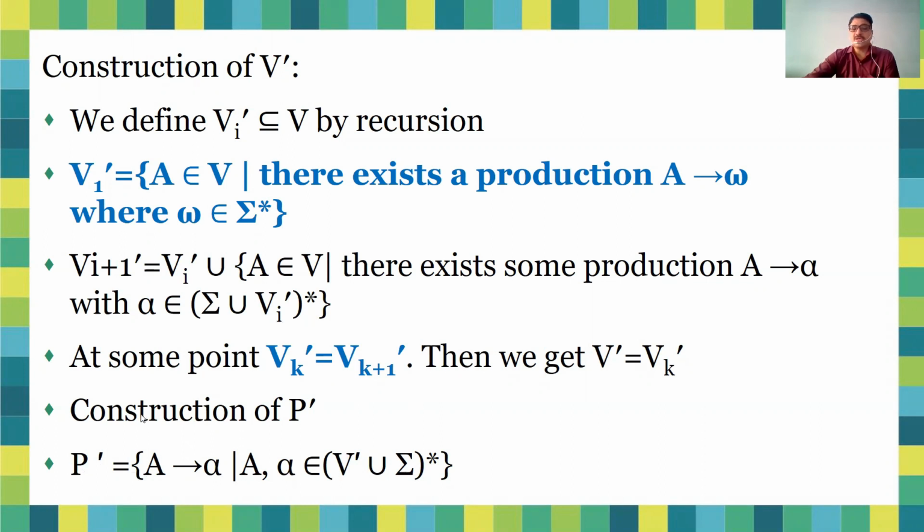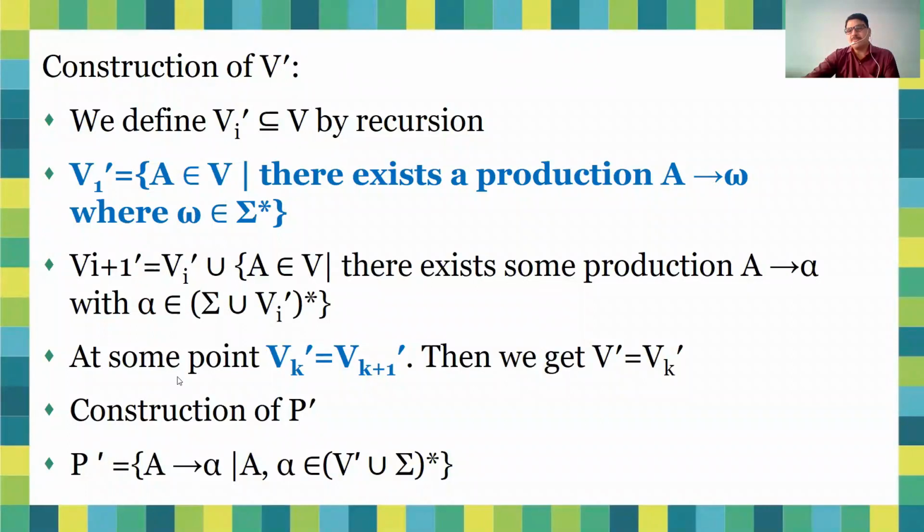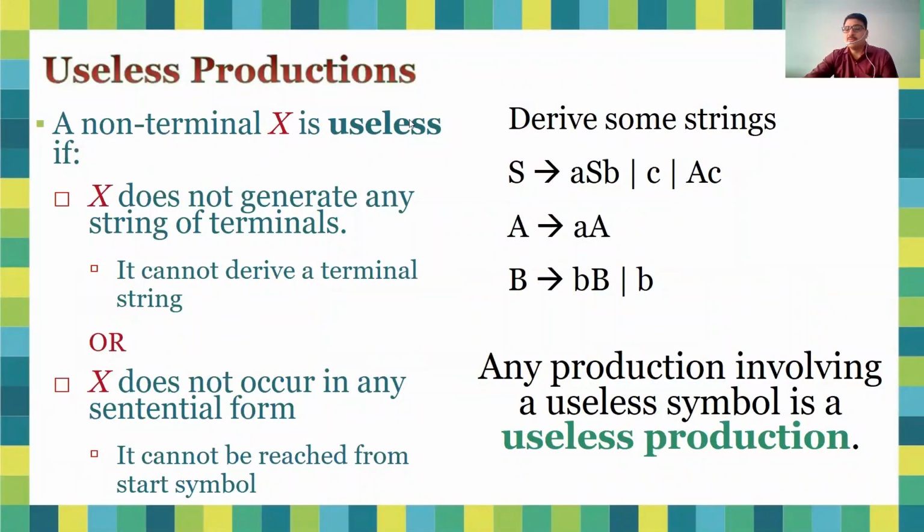So we will include such production rules in the grammar. This is simply step one for reducing the grammar, or for removing the useless symbols.